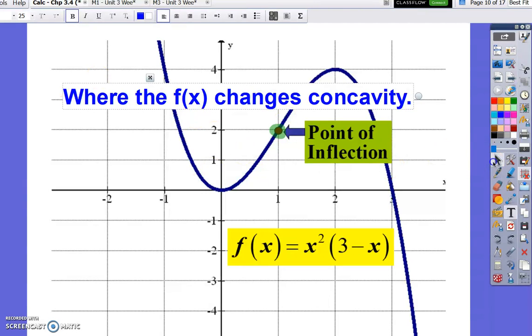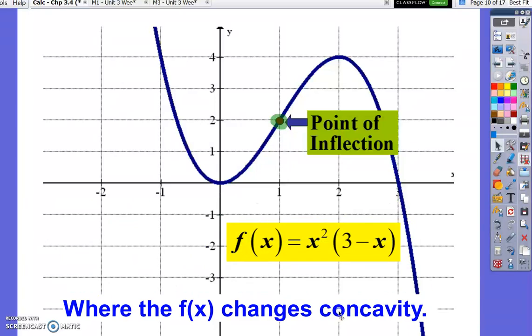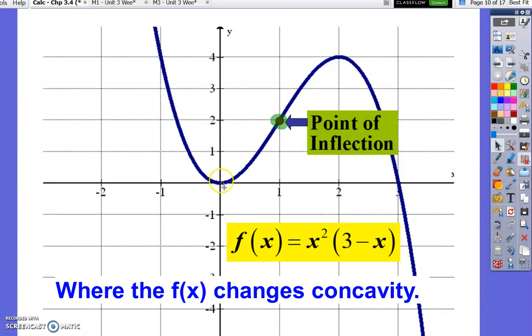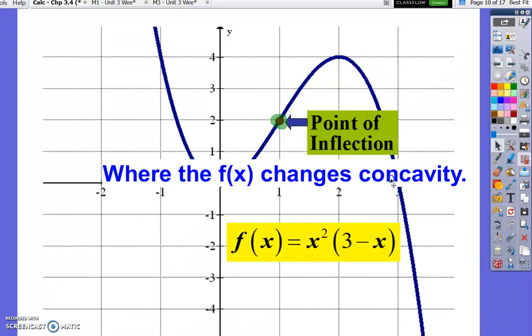So we know with max and mins we have things called critical values, and our critical values are where the first derivative equals 0. The points of inflection are where the second derivative equals 0. So that's what we found there. And so that's our definition for point of inflection. Okay.